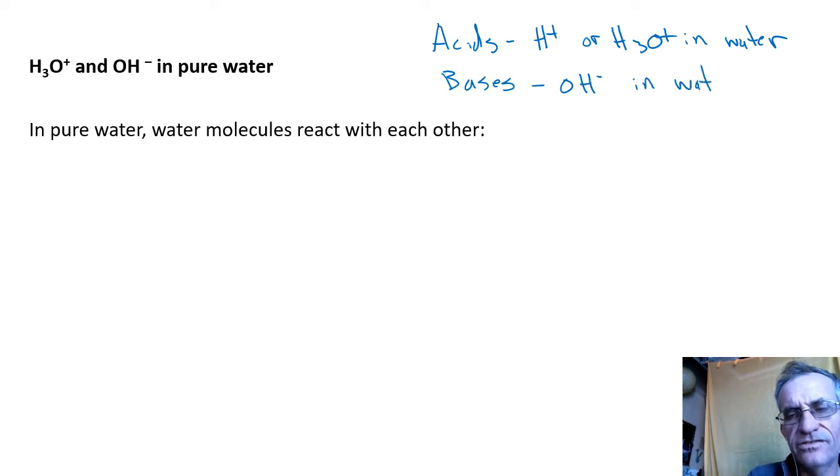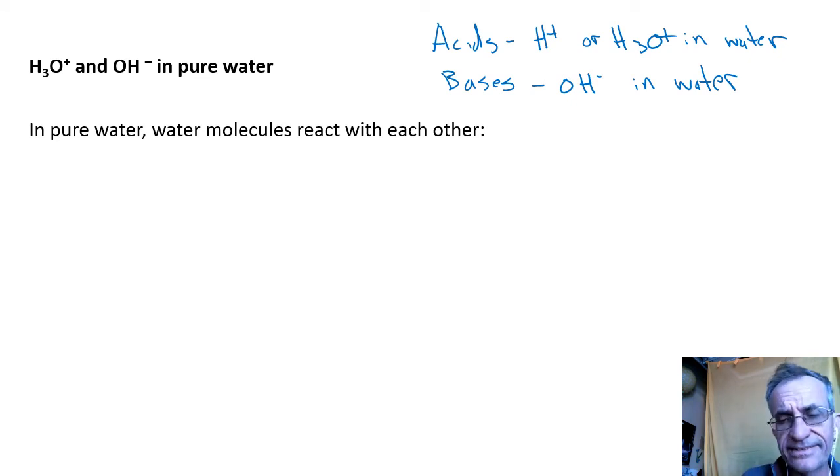Now, it turns out these two ions, the top one there, that's hydronium, and the bottom one's hydroxide. OH is hydroxide. Well, it turns out these two ions actually can form in just pure water. So if you have a cup of pure water, nothing at all in it, you actually will get these ions also present. Let me show you how that can happen.